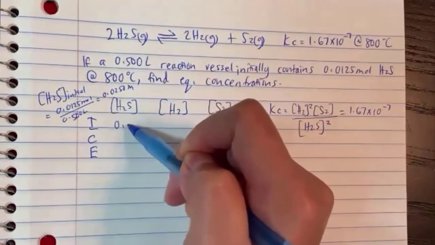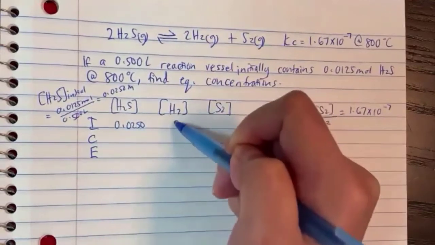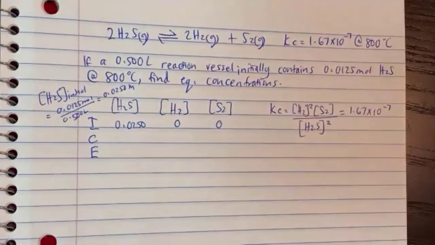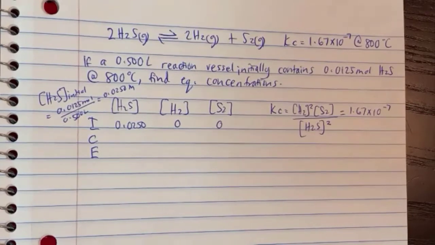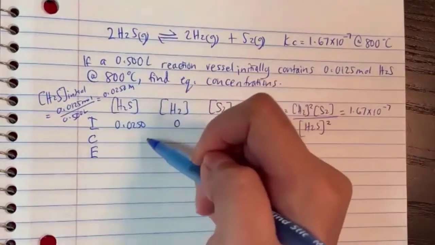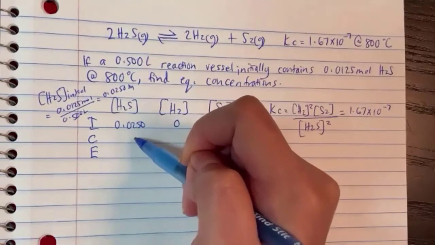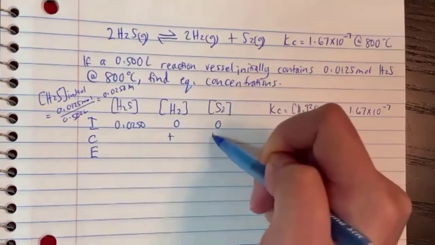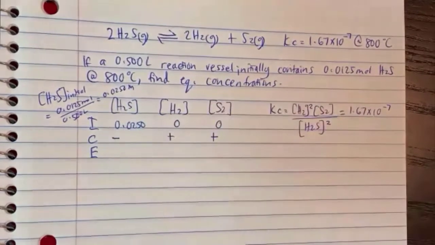I'm just going to write 0.0250 right here. And the problem didn't mention the other two, so there are zeros. That's great, because when there's zeros, I like to go towards the side that has the 0. Remember, Q shifts towards the side that has the 0, or if Q is smaller than K, to the right. If Q is bigger than K, it goes the other direction. So in this case here, 0.0250, this would be plus, and that's minus.